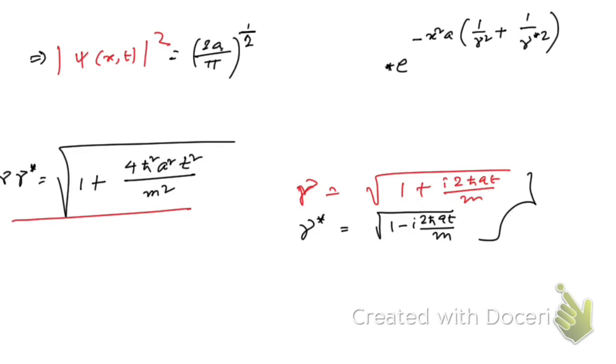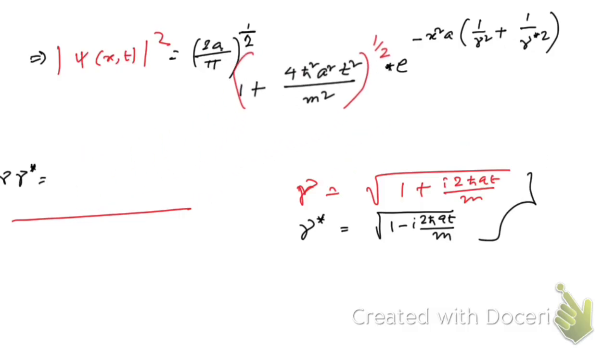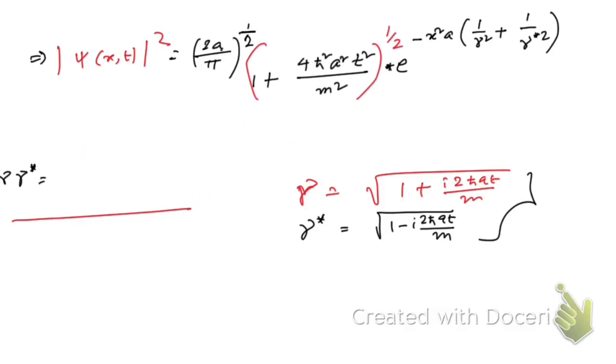Just give me a second, let me write this way, 1 by 2, okay? So this is what we have got. Now what will be this value?